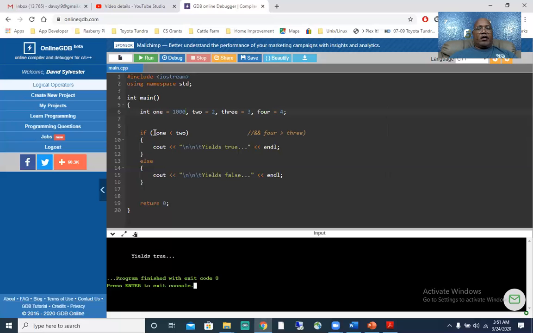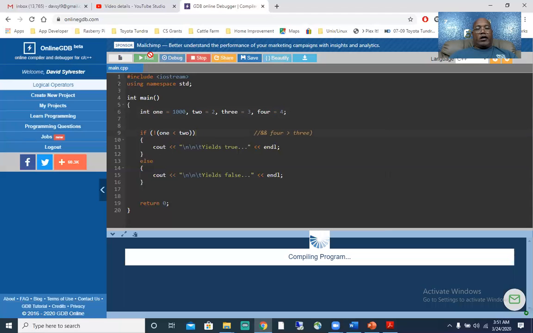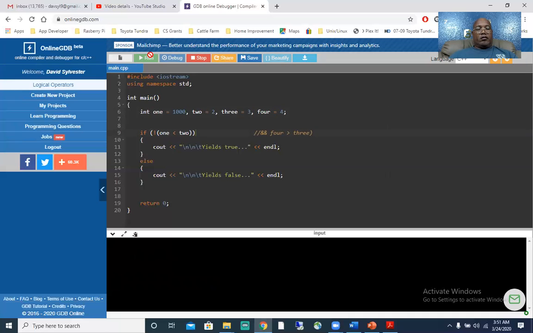That not, if it's collectively used, when I do this, it's taking whatever this expression is, 1 less than 2, that's true, so it's going to say false. And the other way, it takes the actual logical value.